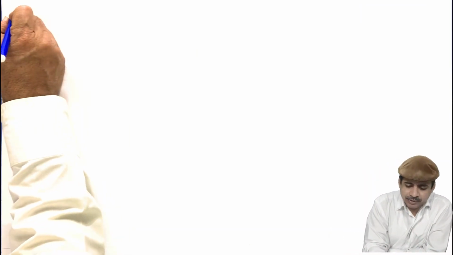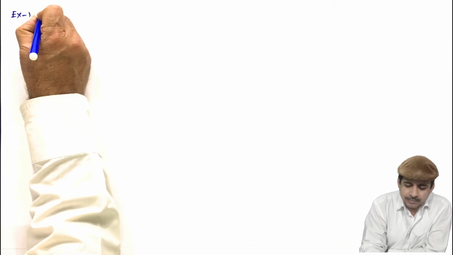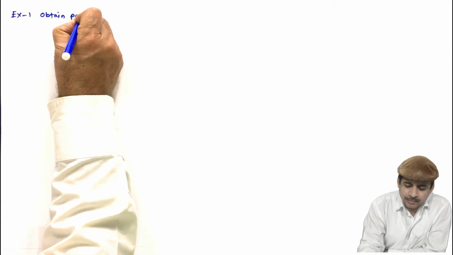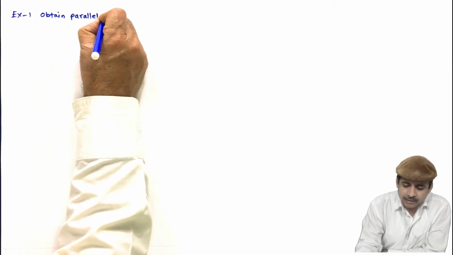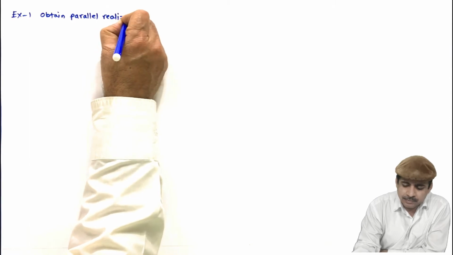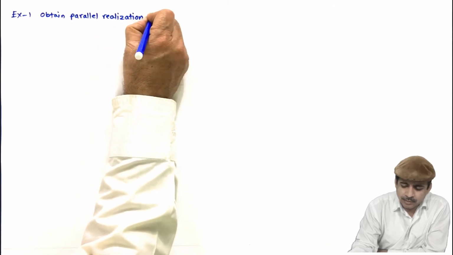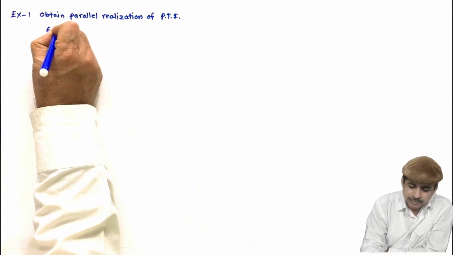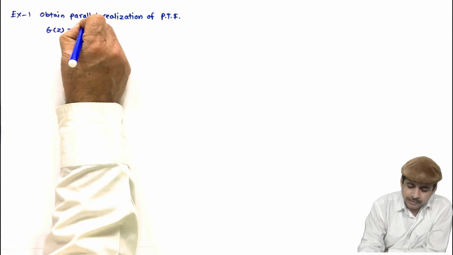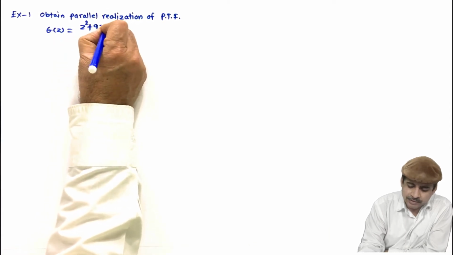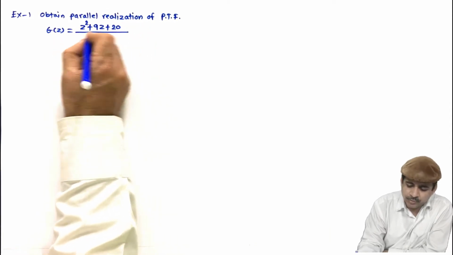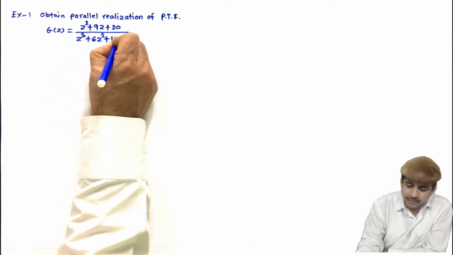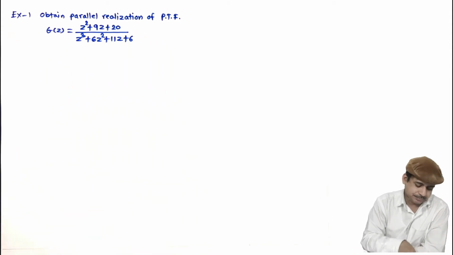Let us consider the example. Obtain parallel realization of pulse transfer function G(z) equal to z square plus 9z plus 20 upon z cube plus 6z square plus 11z plus 6.